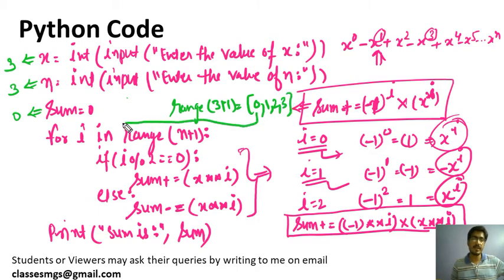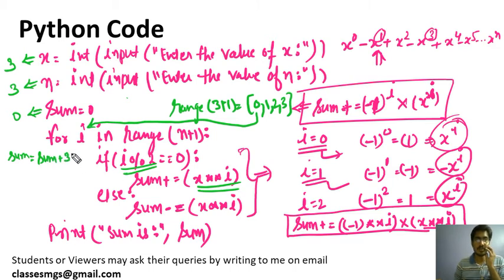First time I will become 0. In that case it is divisible by 2. So sum equals to sum plus x raised to power 0, that is 1. So sum will become 1.